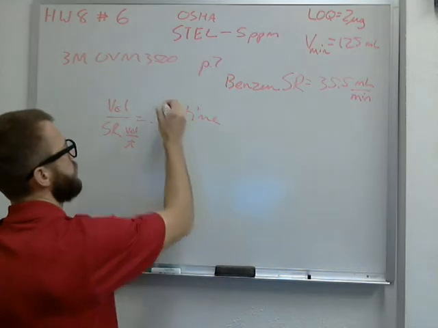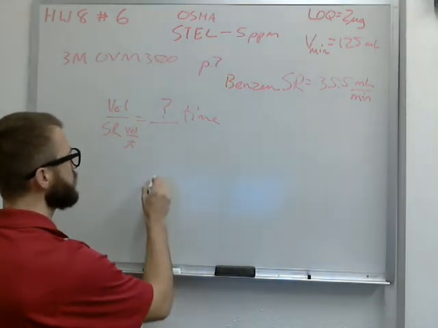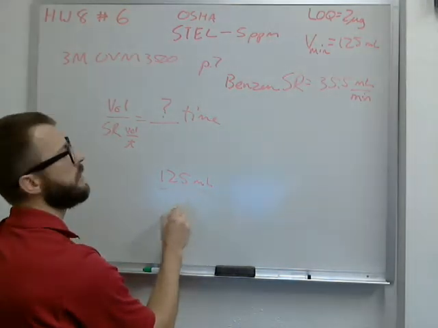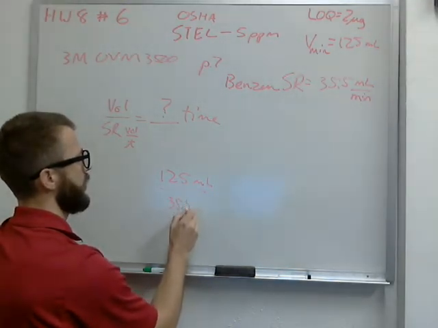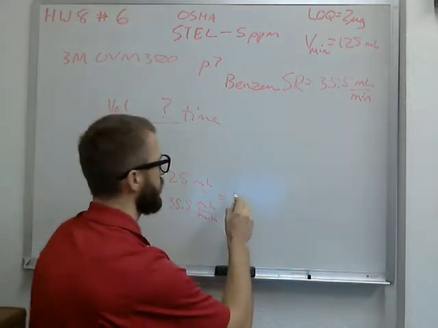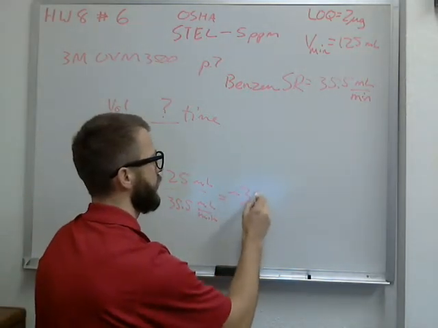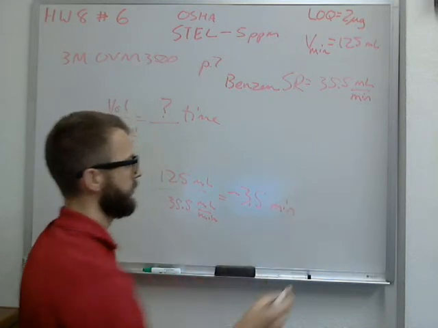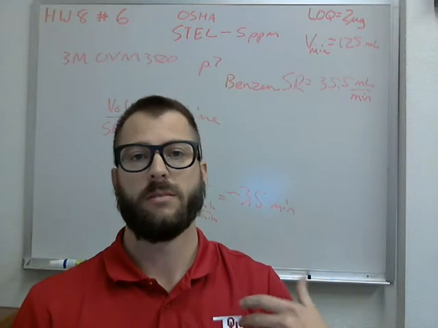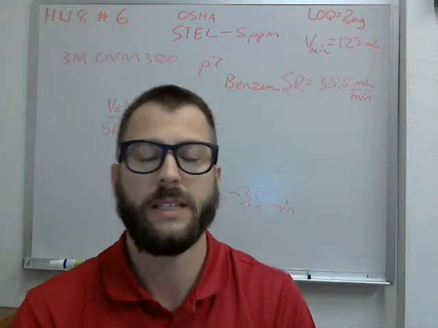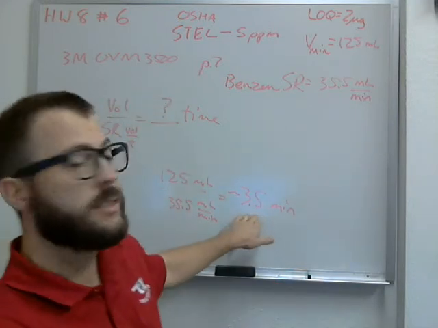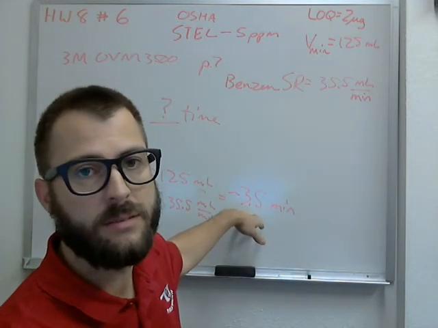So 125 mL divided by 35.5 mL per minute is approximately 3.5 minutes. Does this have the ability to at least detect an overexposure? Yes, because this is much less than 15 minutes.